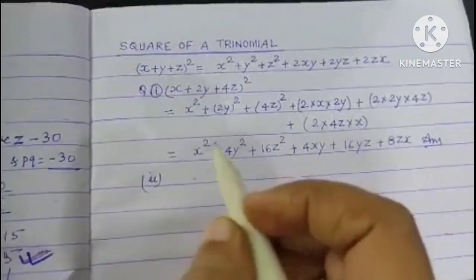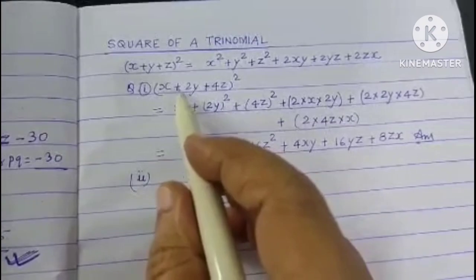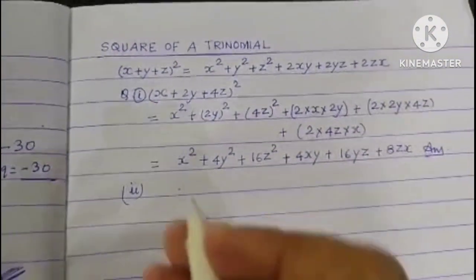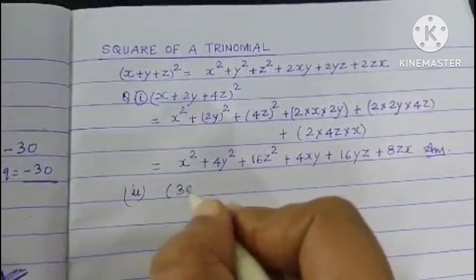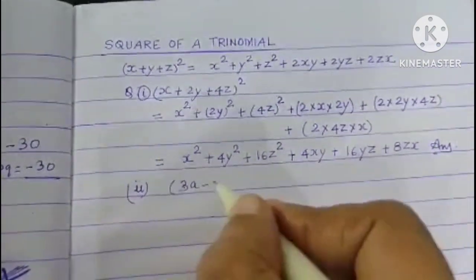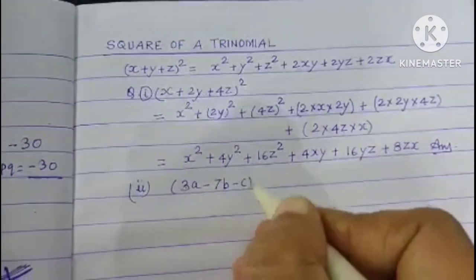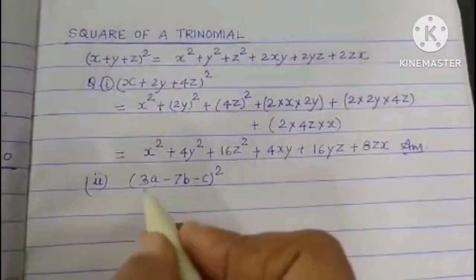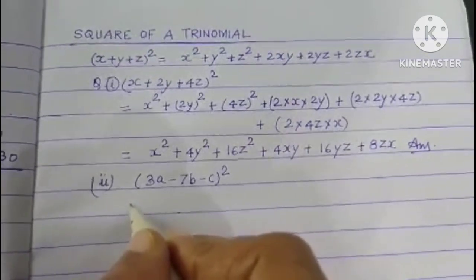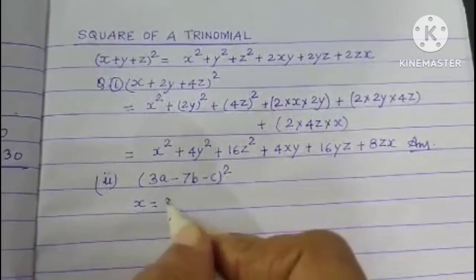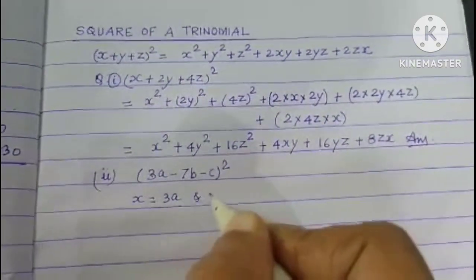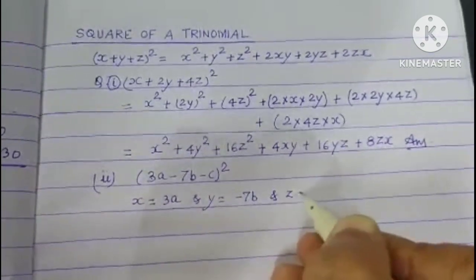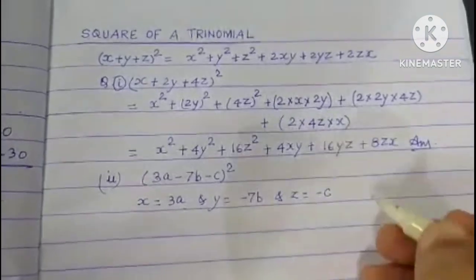This time I want to change these signs. Let's take another one: (3a minus 7b minus c) whole square. So here let us first write that x equal to 3a, y equal to minus 7b and z equal to minus c.